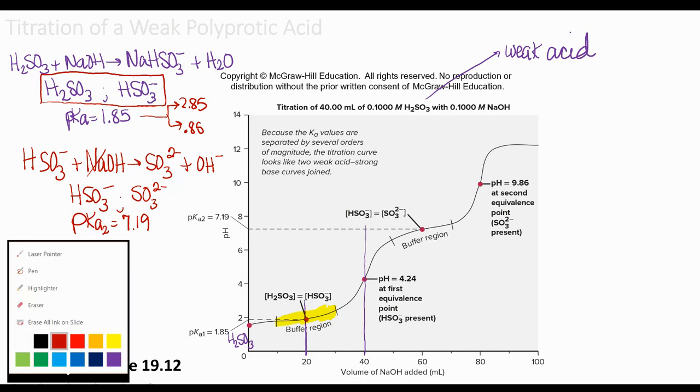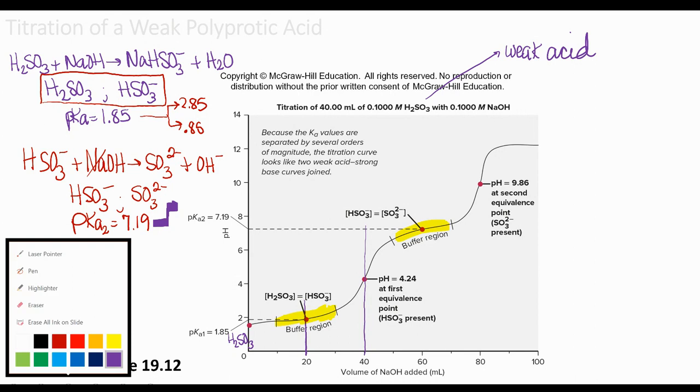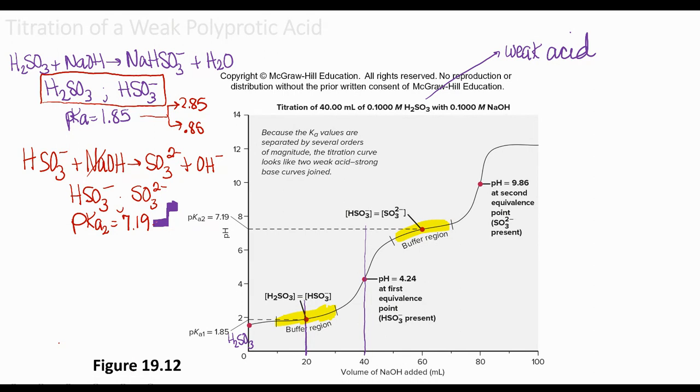Okay, so that then is another buffer region here, which would be in the range of 6.19 through 8.19.